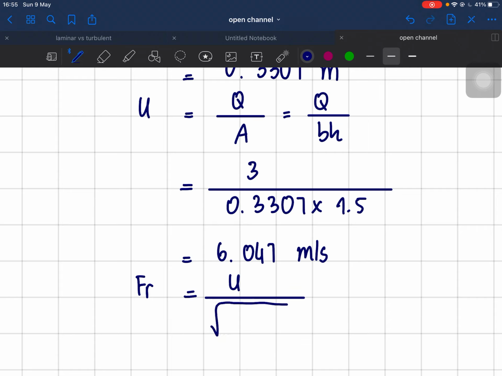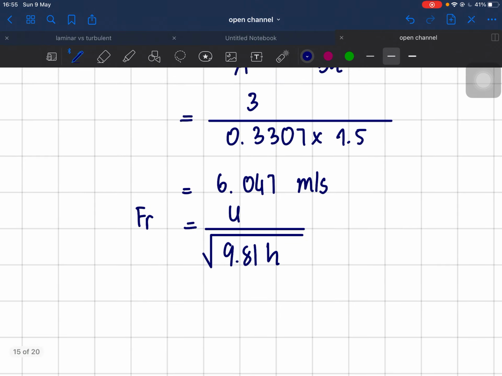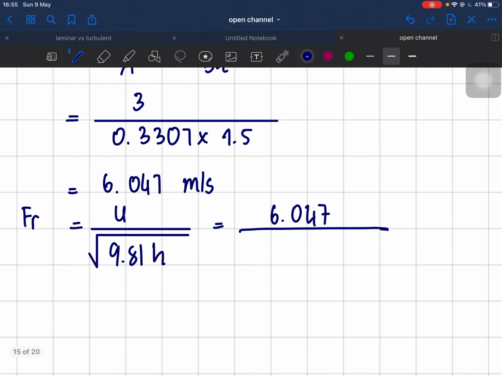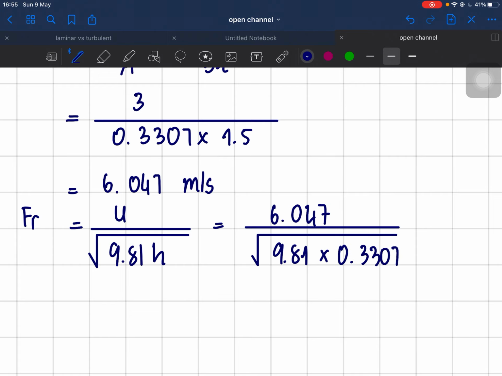this part here. I know that G is always that one. 6.047 over the square root of 9.81 times h, which is 0.3307.